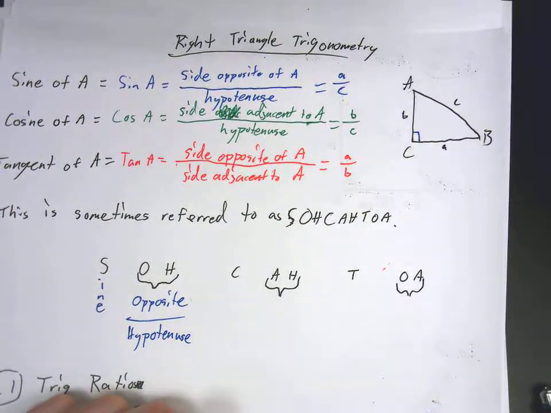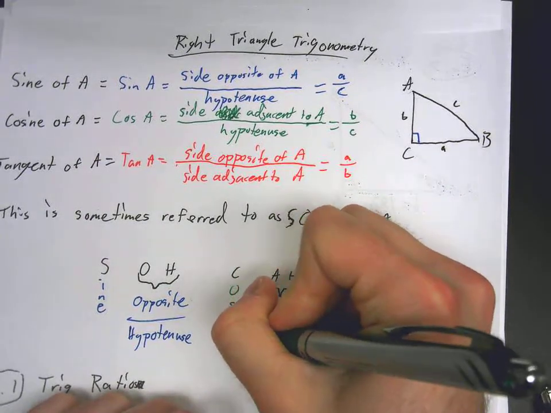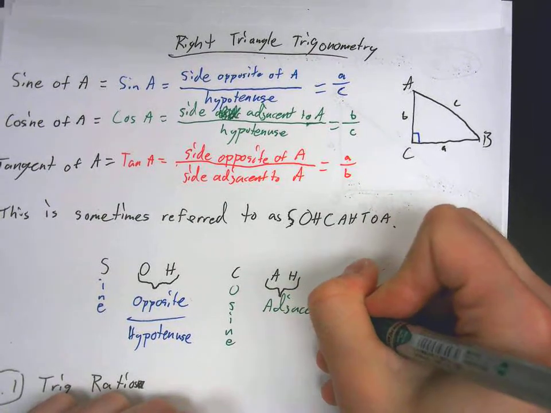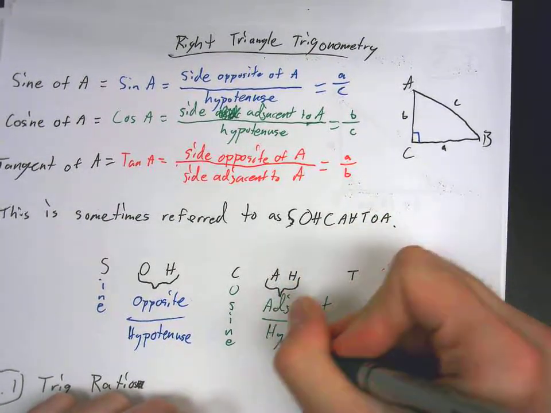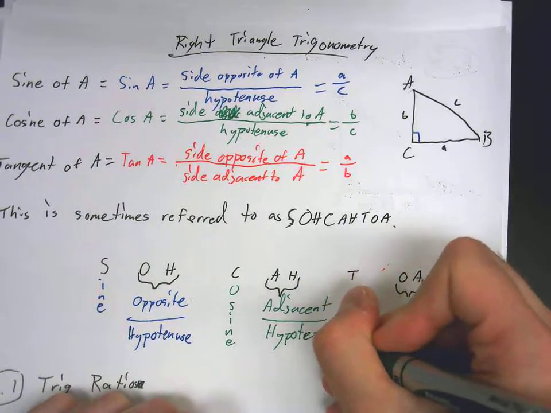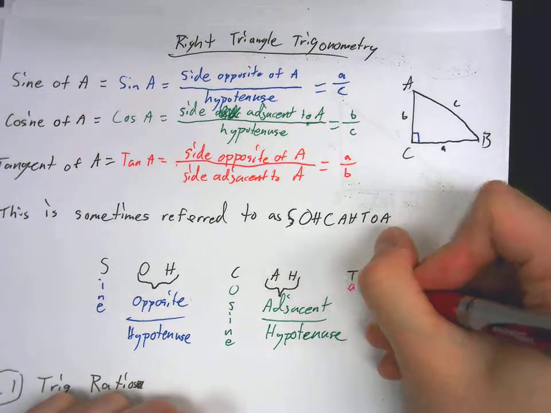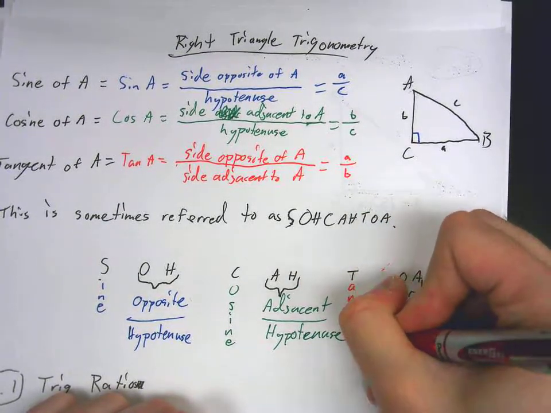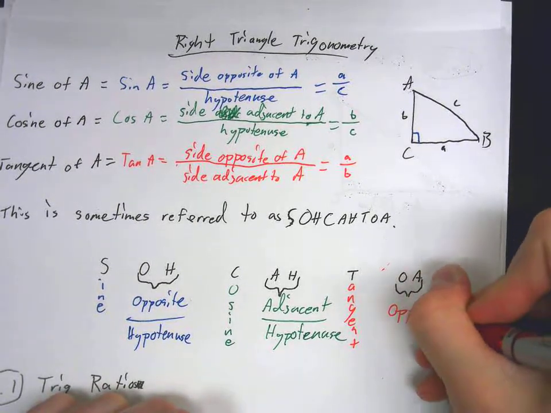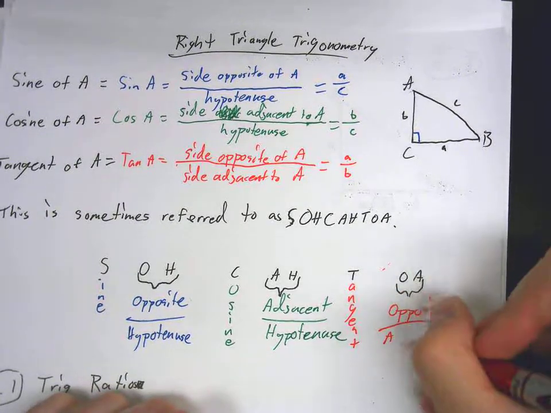Our C would be cosine, where our A is adjacent over hypotenuse, H being that hypotenuse again. And then our last one, T, would be tangent, where our O is opposite over our A, which is adjacent.